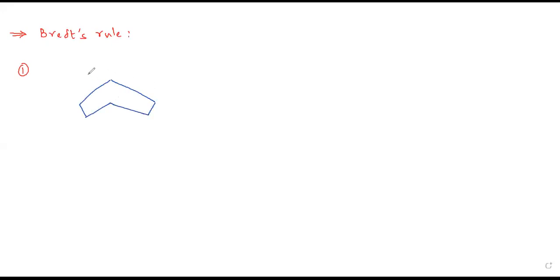So this is a bicyclic compound. These are the bridgehead atoms. Let me take a chlorine here.